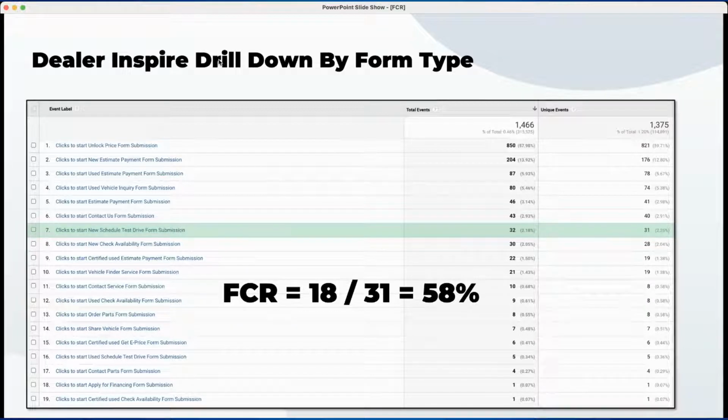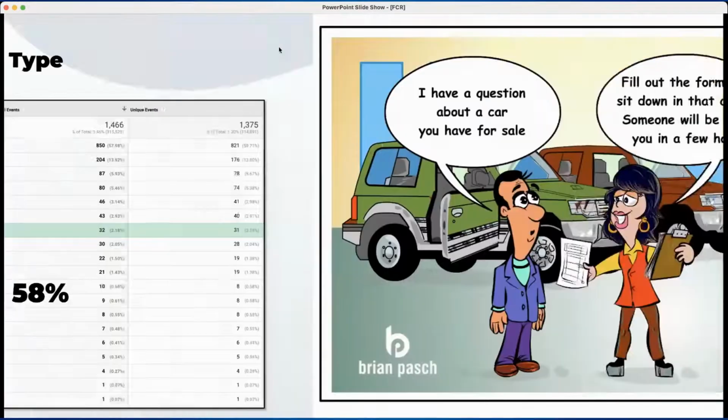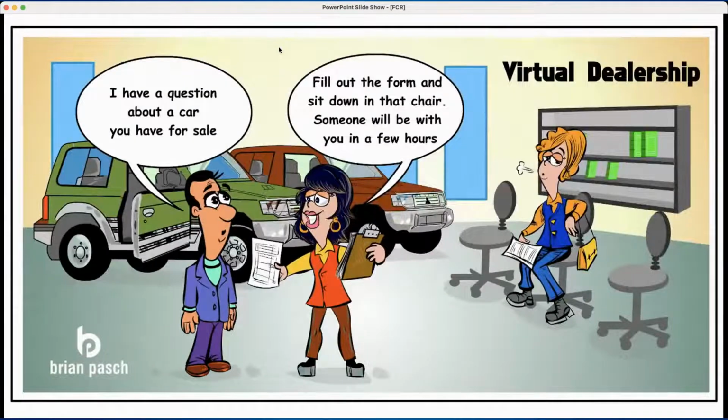This should be, for all of us here, screaming that presenting forms to consumers isn't what they expect or want. It would be the same thing as having someone walk into your dealership and say, hey, I'm interested in buying a car, and you hand them a clipboard with a piece of paper and say, hey, no problem, just sit in that chair, fill out your information, and somebody will come over and see you in the next hour or two.